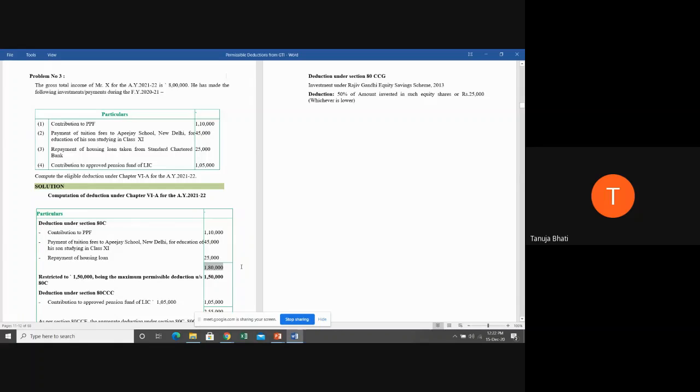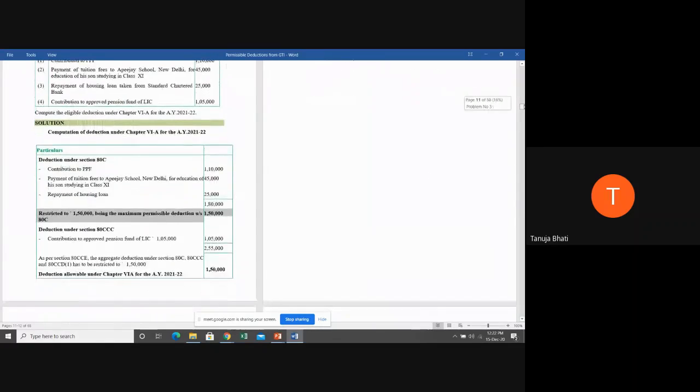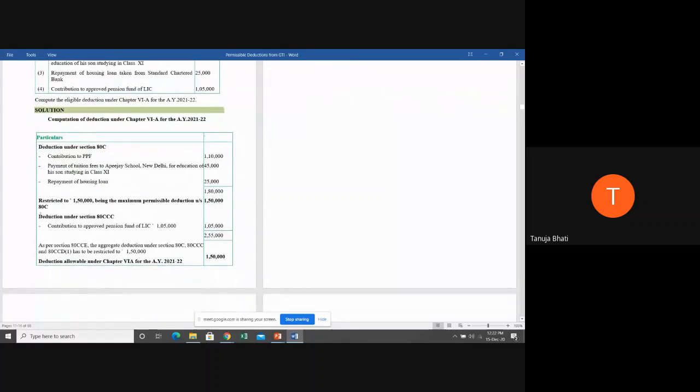But we know that under section 80C, the maximum deduction you can get is only 1,50,000. So restricted to 1,50,000, being the maximum permissible deduction under 80C. Though he has made an investment of 1,80,000, still he is going to get only 1,50,000 deduction. Next, deduction under section 80CCC, that is the pension fund of LIC, which is 1,05,000. So total deduction under 80C plus 80CCC, that is 1,50,000 plus 1,05,000, is nothing but 2,55,000.